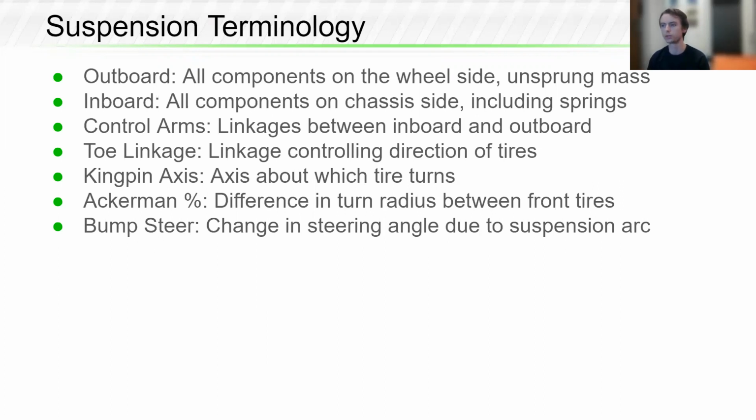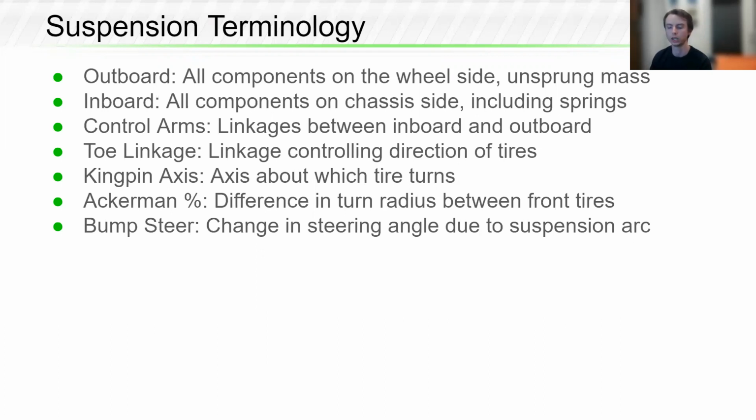The control arms are mechanical linkages between the inboard and outboard suspension, and they are a tube structure in our case. Toe linkages are a flexible control arm. So it's a control arm that changes length to control the direction of the tires.